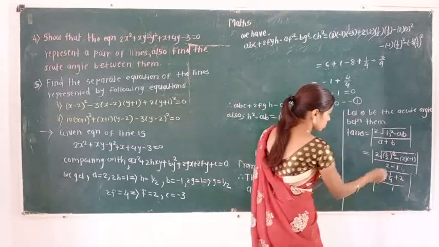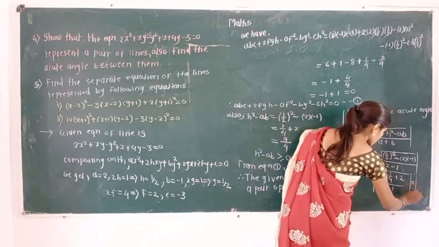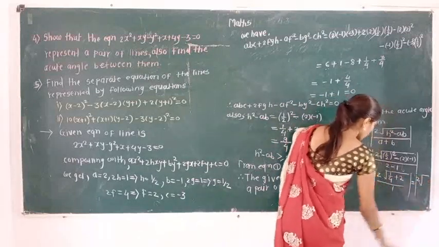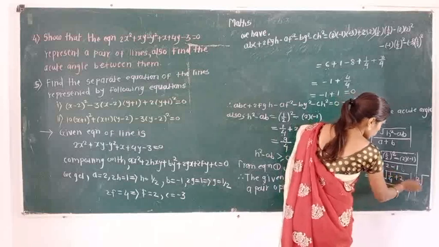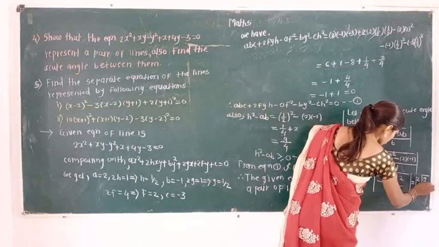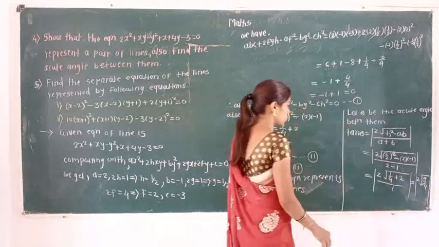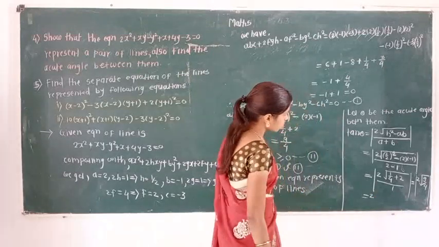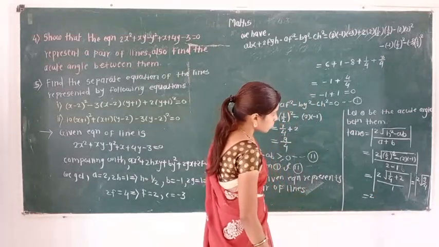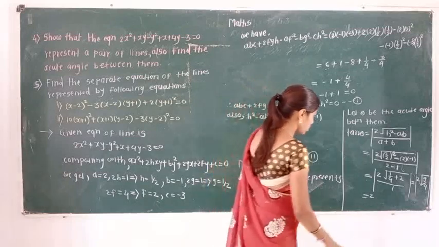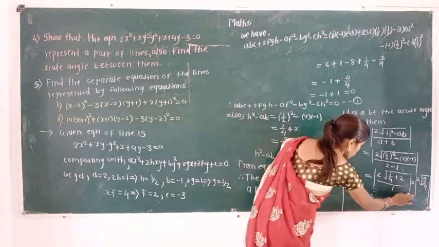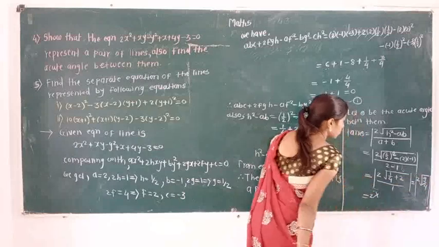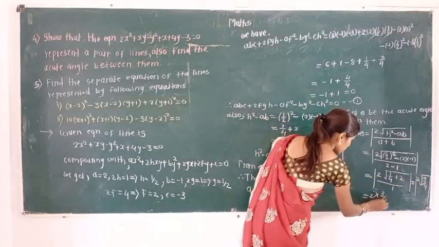Now simplify this term. We can write 2 into the root of the value; the sum of these two terms gets 9 by 4, and the denominator is 1. Now take 2 as it is, or h square minus ab. Now, the square root of this term is 3 by 2.